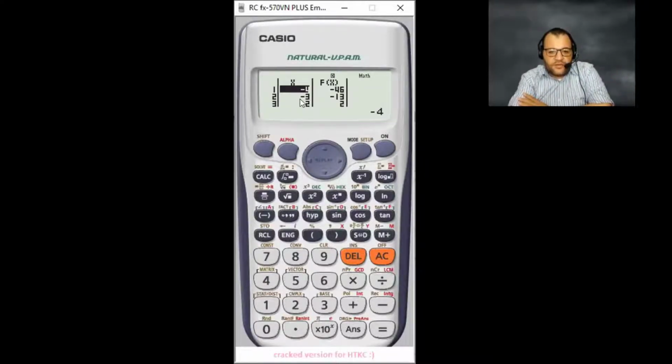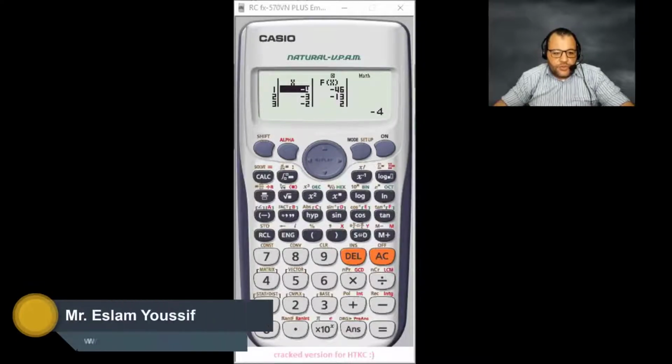You will find that for x equals -4, we have -46. And the second value, -3, we have here -13. For -2, -1, 0, 1, 2, 3, and 4.